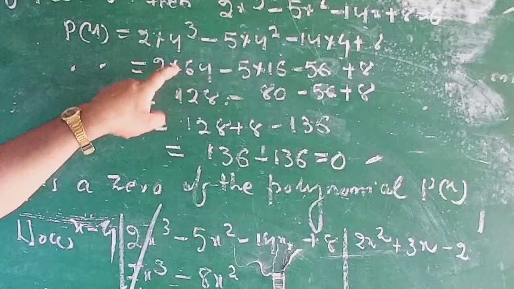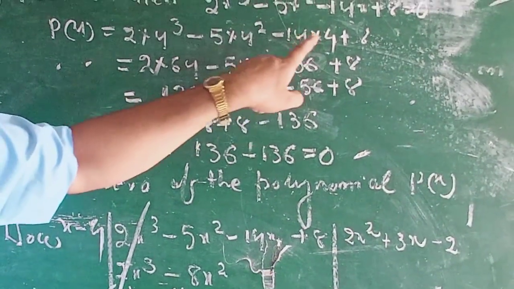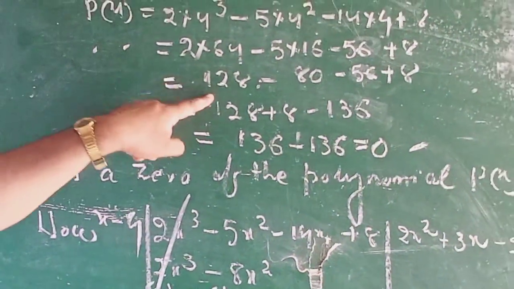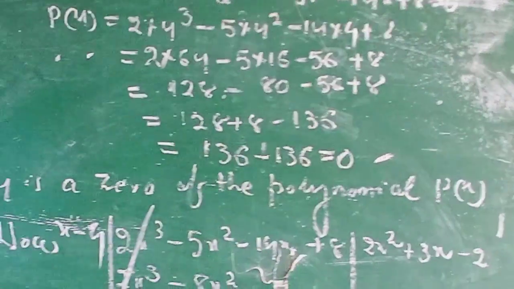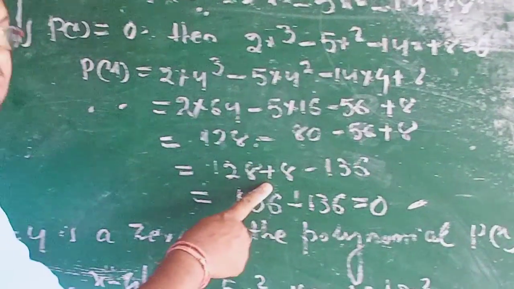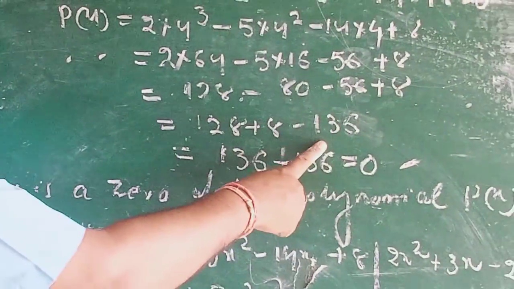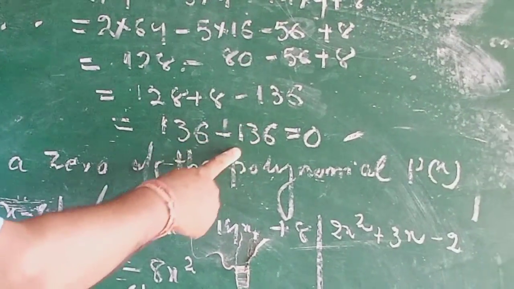That is 2 into 64, which is 128, minus 5 into 16, which is 80, minus 56 plus 8. Now 128 plus 8 is 136, and minus 80 minus 56 is minus 136. So 136 minus 136 is 0.